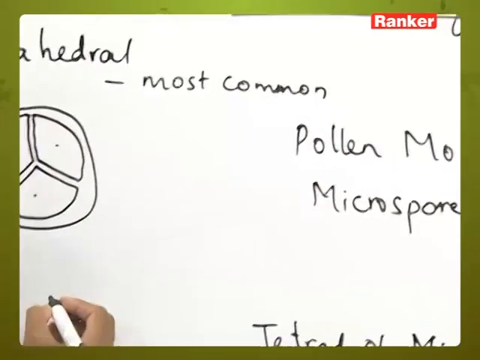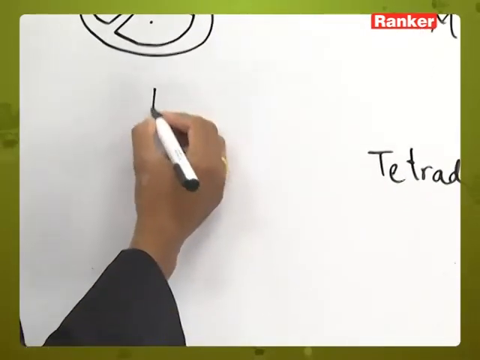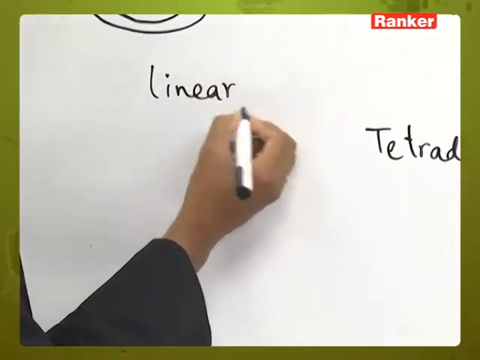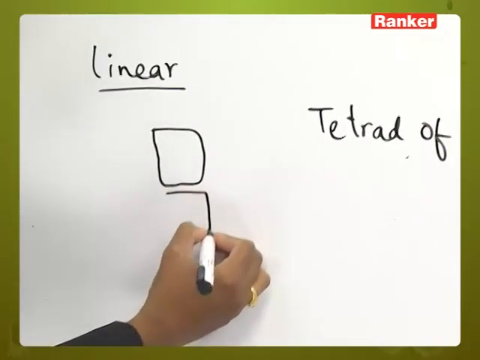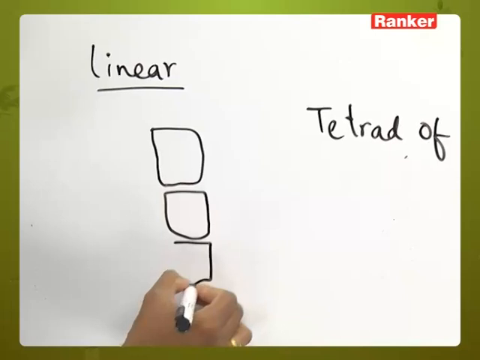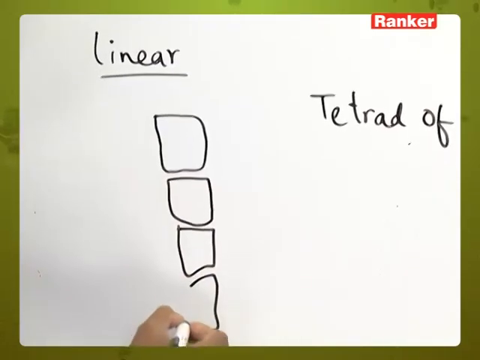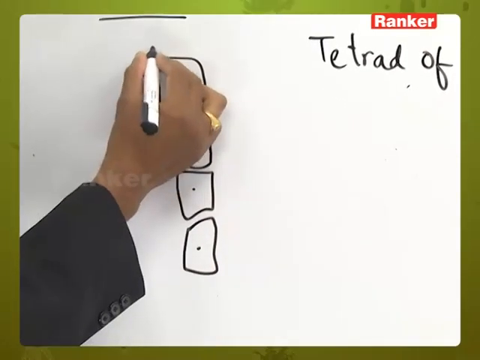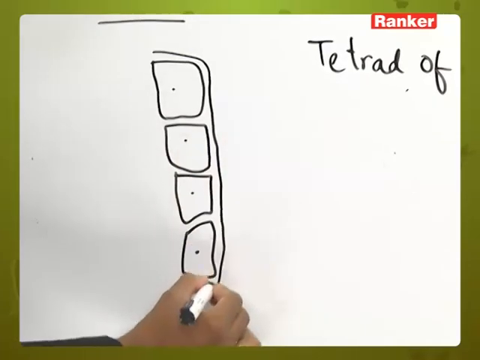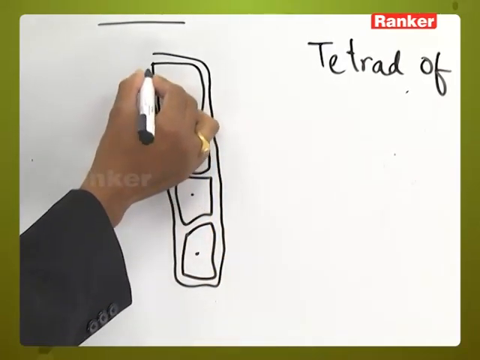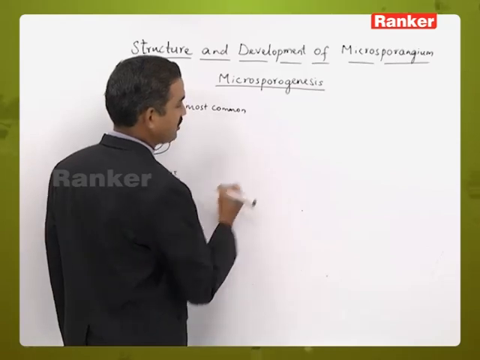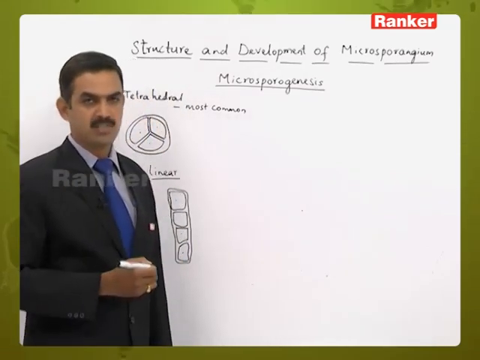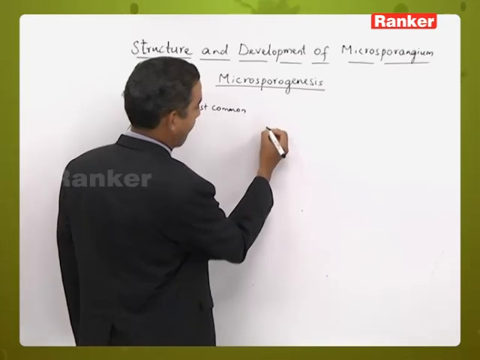And sometimes they may also be arranged in linear form. Linear form means all the 4 microspores are arranged in a straight line like this. So we call it a linear arrangement of the microspores. Sometimes they may be arranged in decussate form, or sometimes in the T shape also.